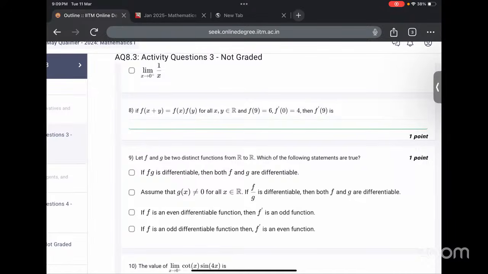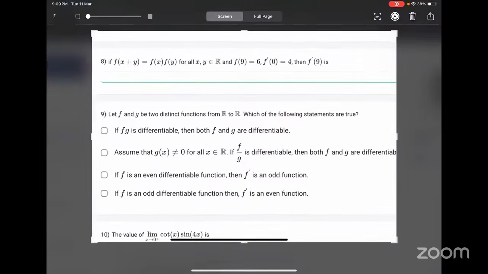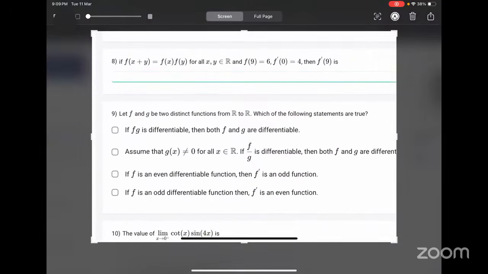If I have to make f of 9 equal to 6, then I have to write x plus y in the form of 4 plus 5 plus 4. Okay. We have to find the value of this. So f differential of 9.